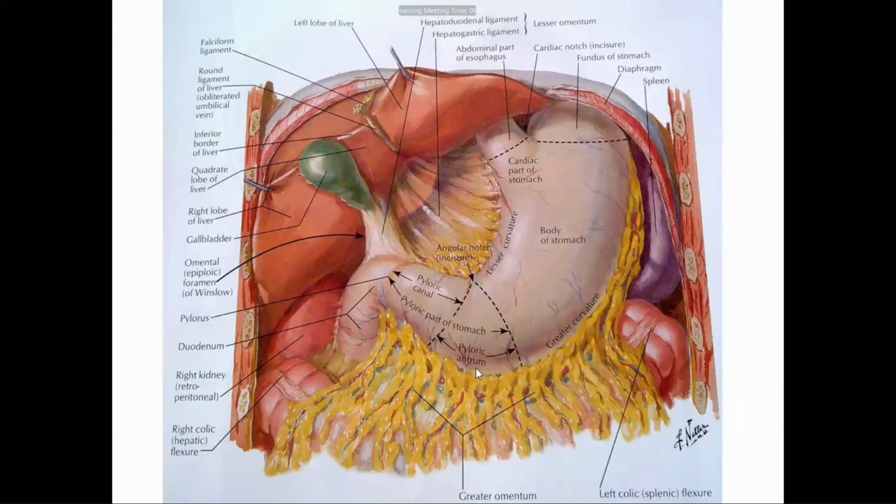On either side there is a depression, an upper and a lower depression. From the incisura angularis, the line is drawn towards the upper depression. This imaginary line is the demarcation between the body of the stomach and the pyloric region.